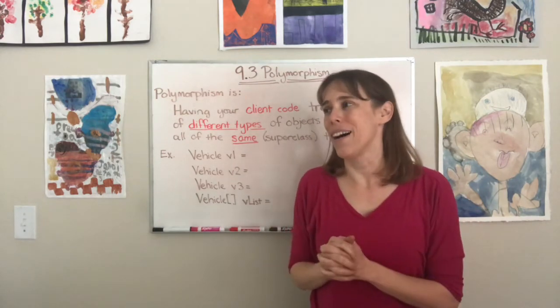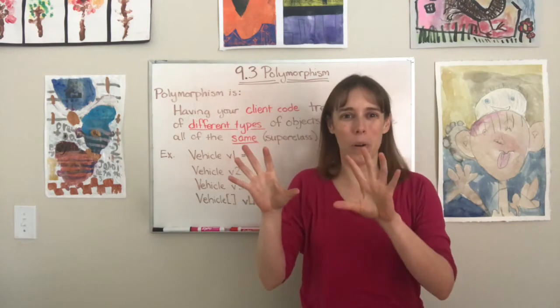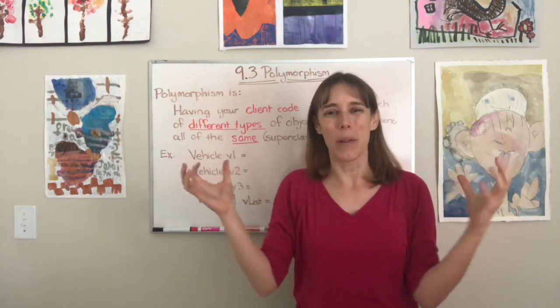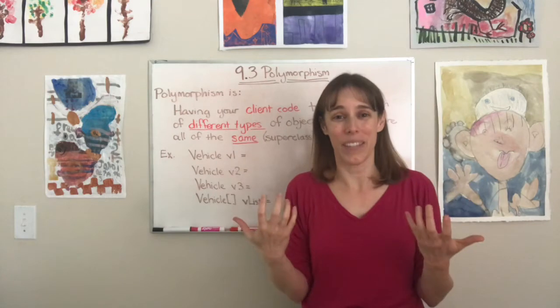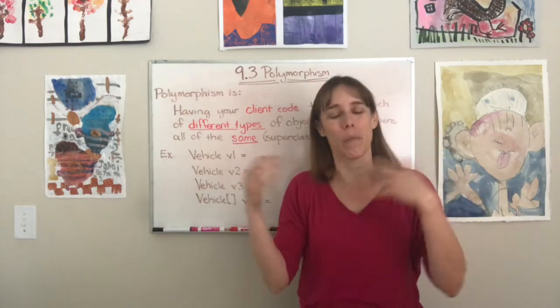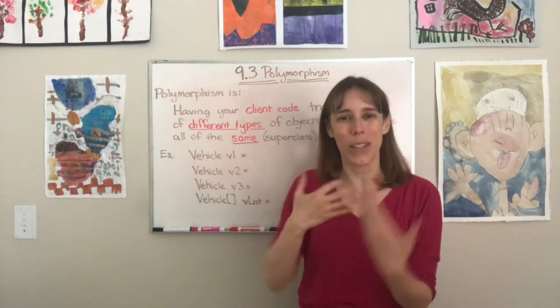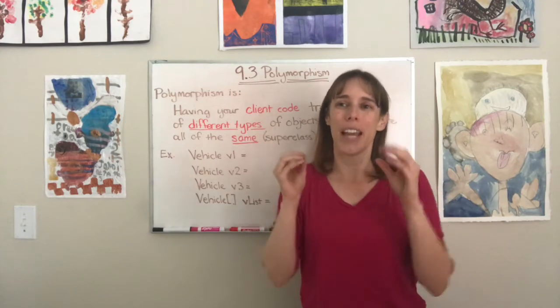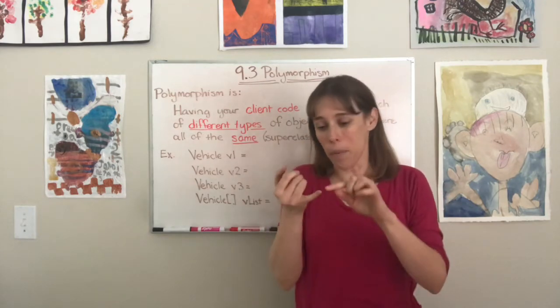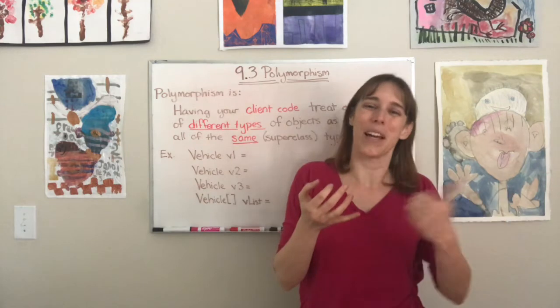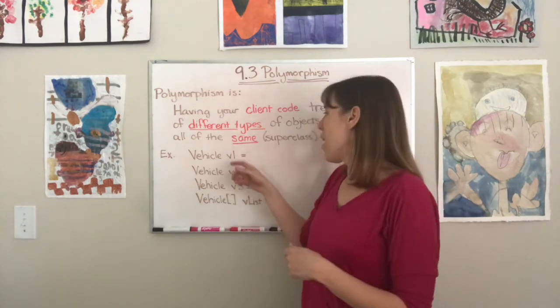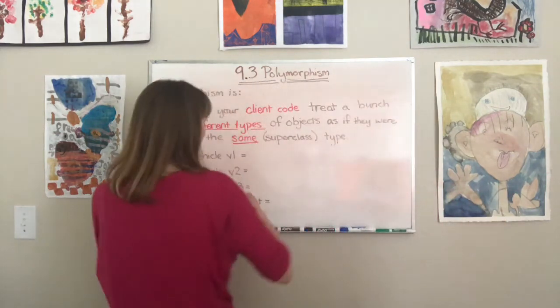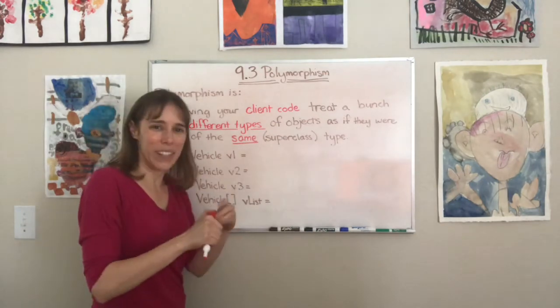Or you have a hobbit, and a dwarf, and a wizard, and you can put them all into a traveler array, right? They're all kinds of travelers. You can put them into a traveler array and treat them all like travelers. So you're taking objects of one type, a hobbit, and treating it like another type, a traveler. Treating an object that, say, maybe it's a car, and we're going to treat it like a vehicle.